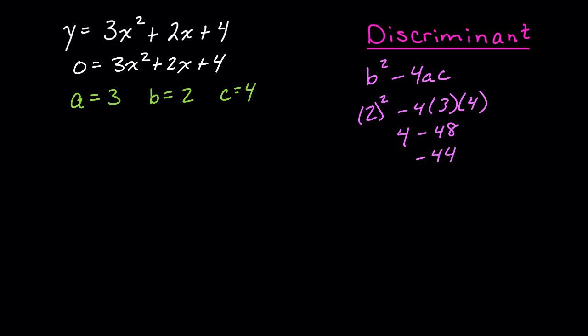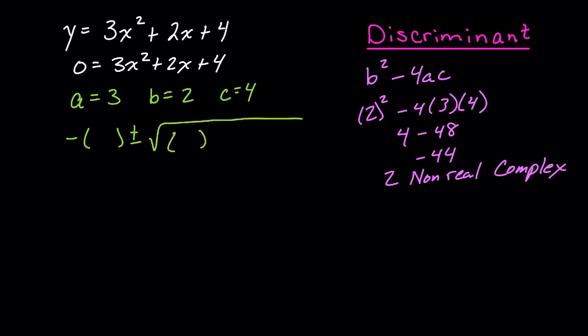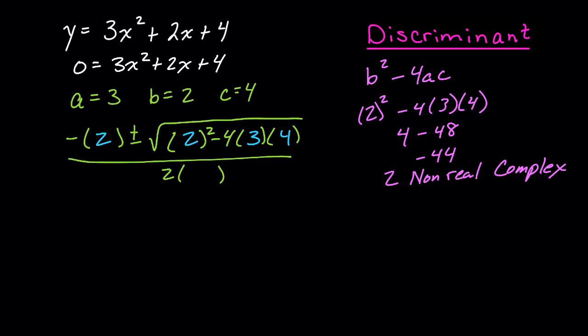Since this is a negative 44, that means we are going to end up with 2 non-real complex roots. Our answer is going to end up with i's in them. All right, so let's go ahead and make our template here. Insert our values, B, B, A, C, and then A. And then number crunch this thing to simplify it.